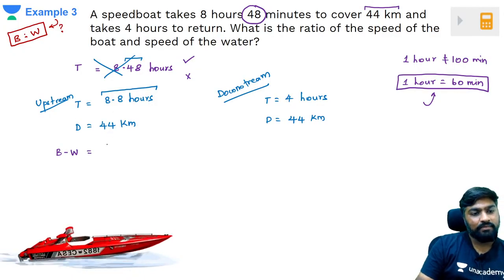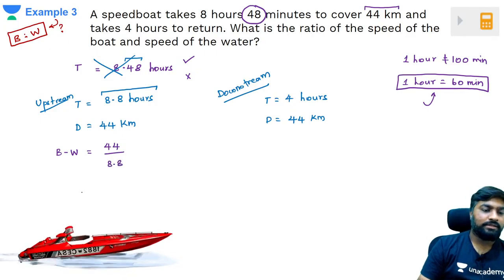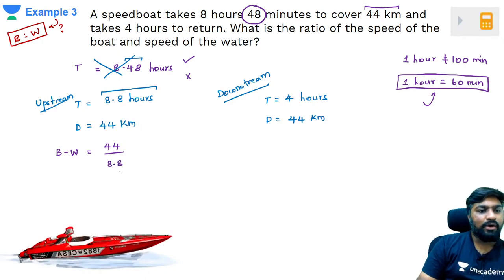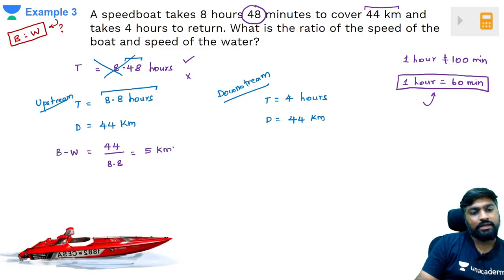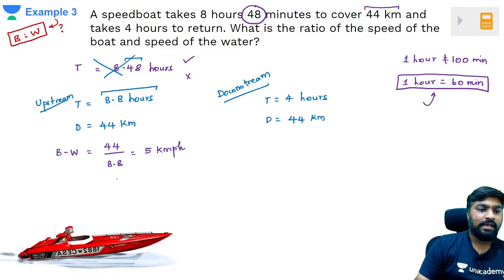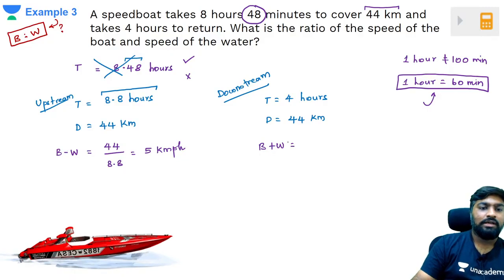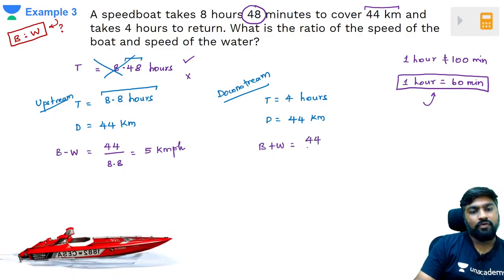Distance upon time, that is 44 upon 8.8. 5 times 8.8 is 44, so it is 5 kilometers per hour. And what else do we have? Downstream, in this case the sum of the speeds of the boat and water, which is 44 upon 4, that's nothing but 11 kilometers per hour.